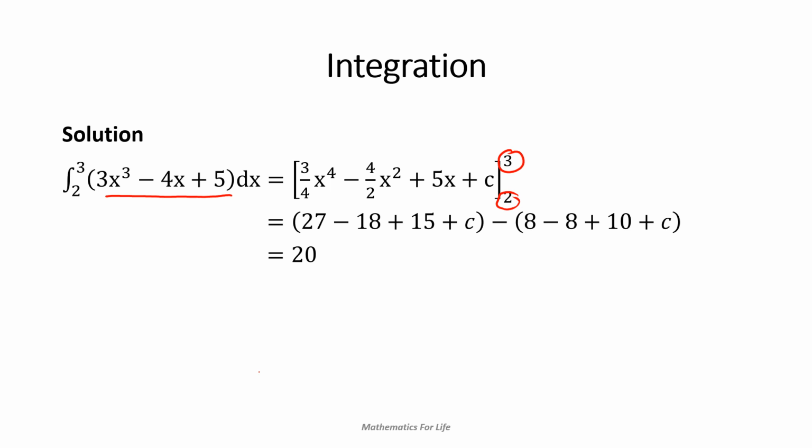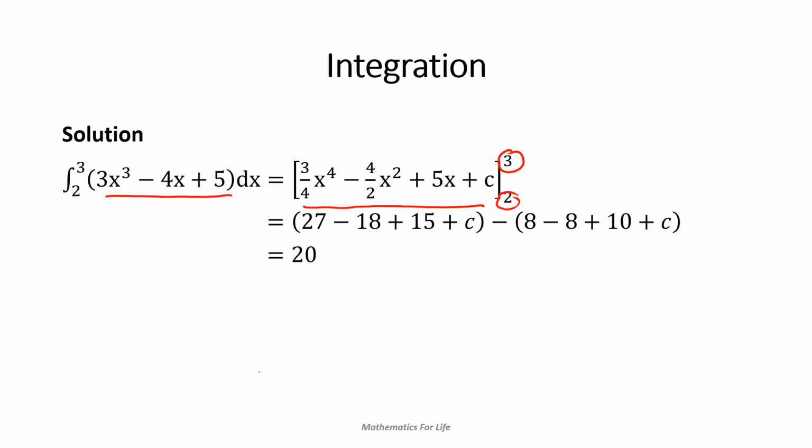We then evaluate our integral, which is 3/4 x to the power 4 minus 4 over 2 x squared plus 5x plus the arbitrary constant c, for the upper limit, which will give us 27 minus 18 plus 15 plus the arbitrary constant c. And then we shall also evaluate our integral for the limit of x equals 2, giving us 8 minus 8 plus 10 plus the arbitrary constant c.